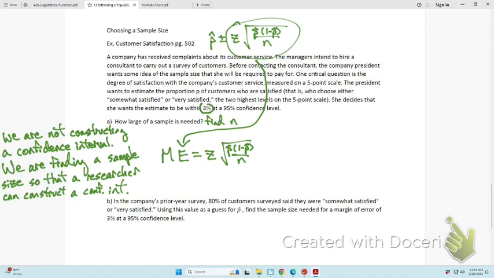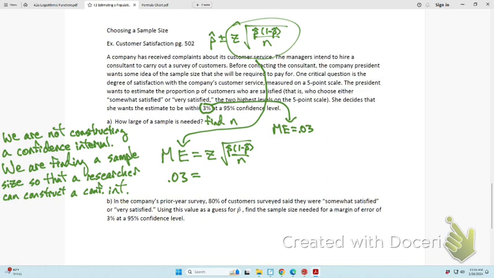This is the margin of error. That's the boss saying, I need you to find this value within 3%. I need you to be that accurate. So I know on the left, I have 0.03.